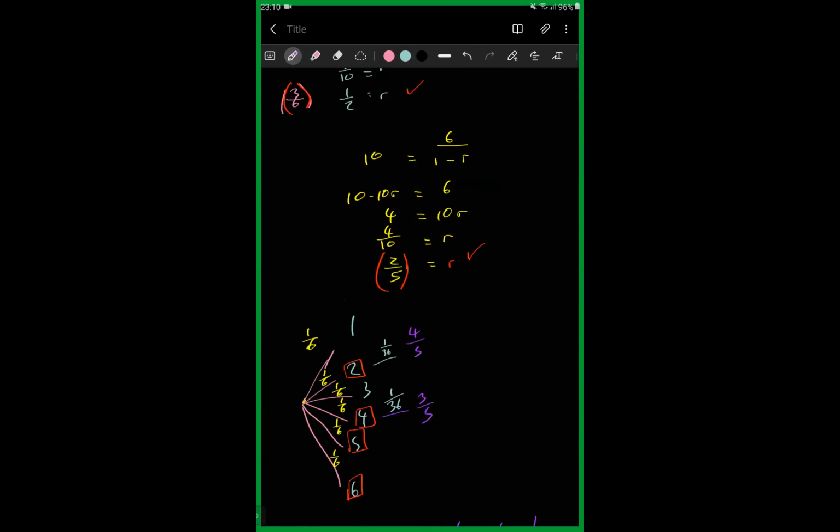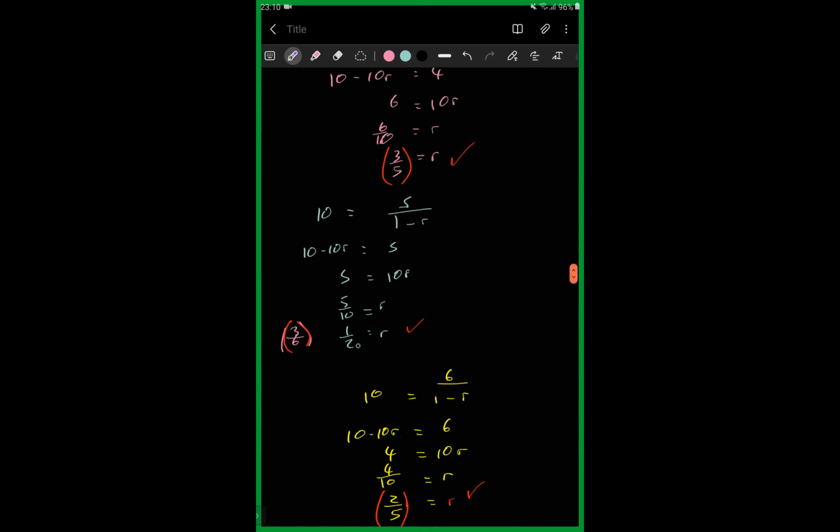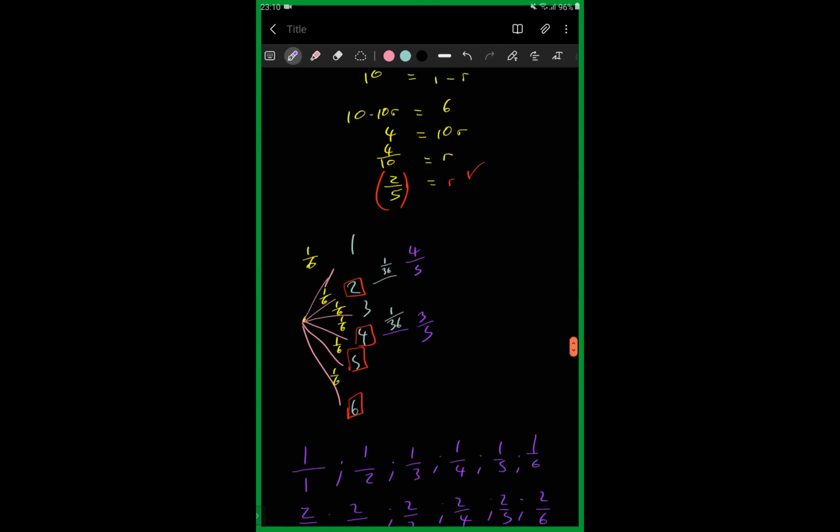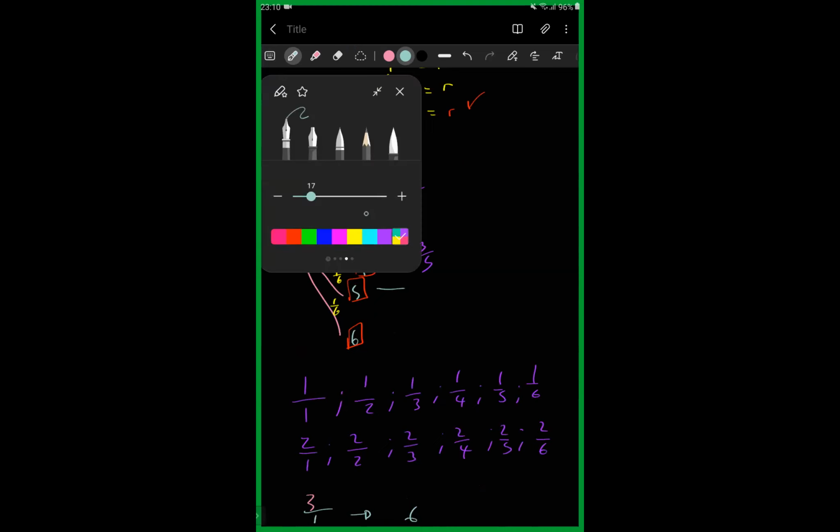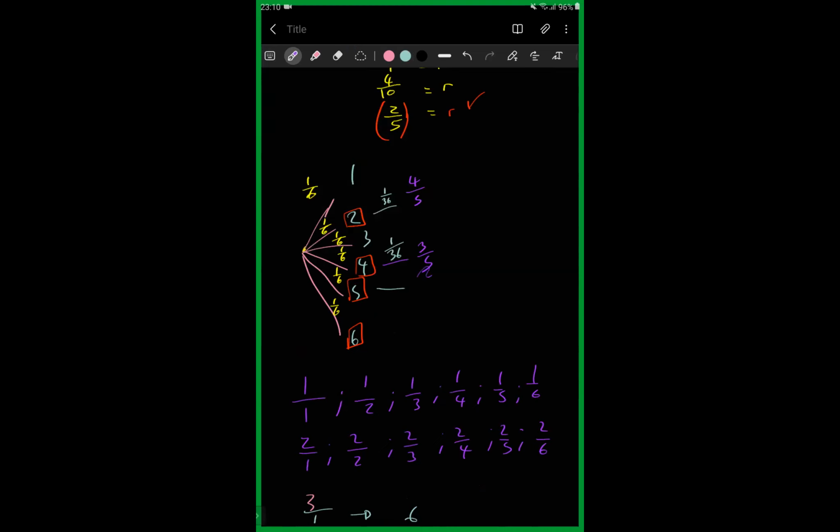And then for the 5, there's also a 1 out of 36 chance that we get 3 over 6.